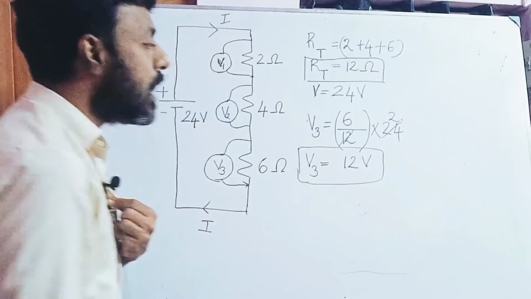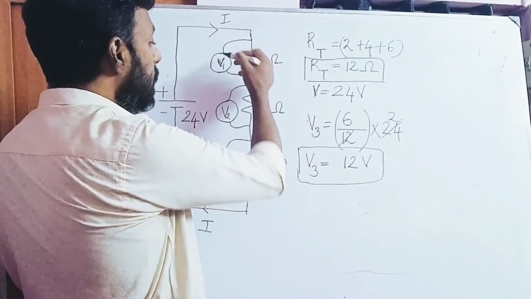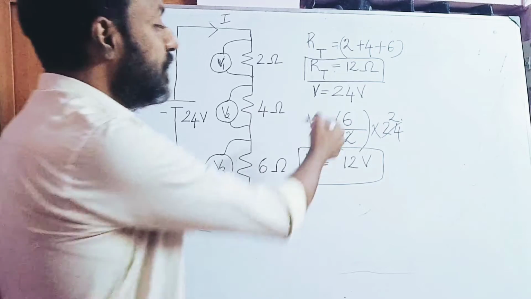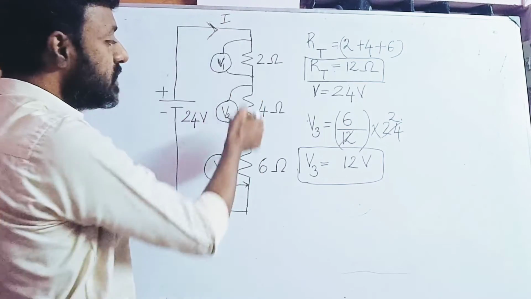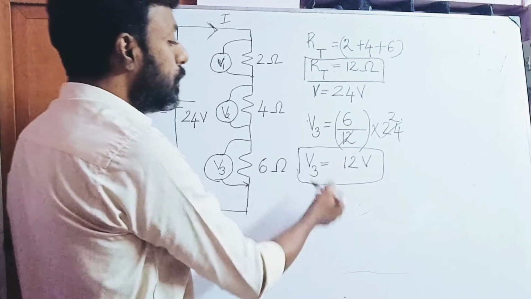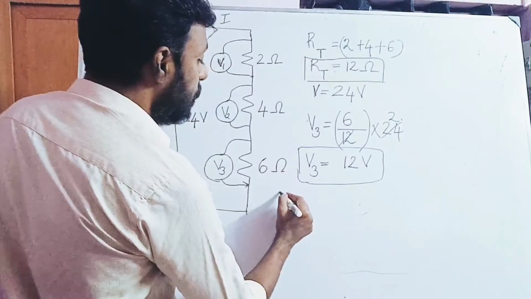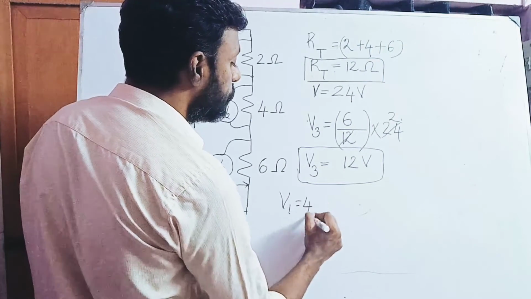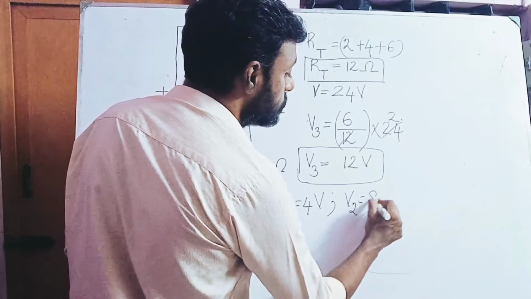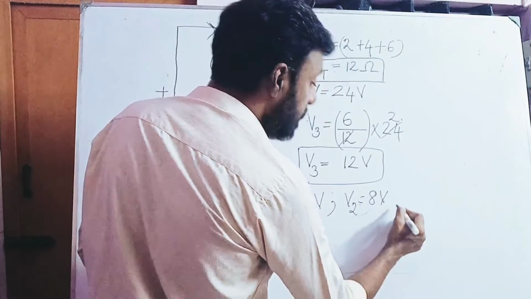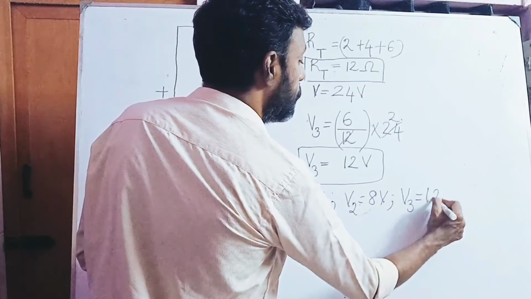So you have obtained three different values. In a series circuit the current is the same, but the voltages are different. V1 is 4 volts, V2 is 8 volts, and V3 is 12 volts.